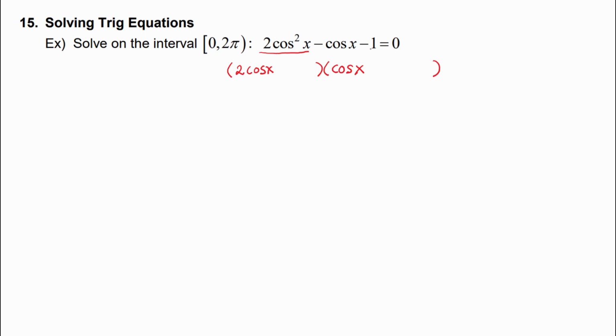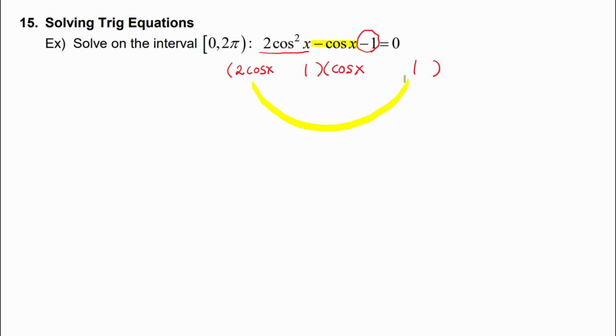And how about the last term? This is the product of last and last. So your last numbers have to be one positive 1 and one negative 1. Let's put 1 and 1 for now to figure out which one should be positive 1 and which one should be negative 1. As you know, your middle term is negative cosine x, and that must be the sum of the outer two and inner two.